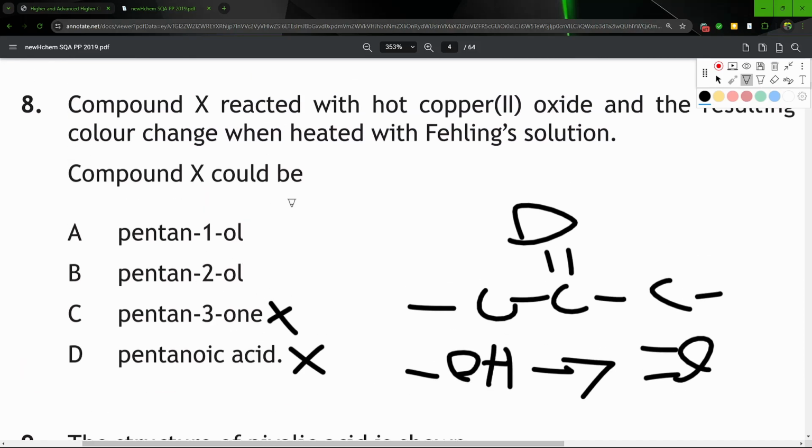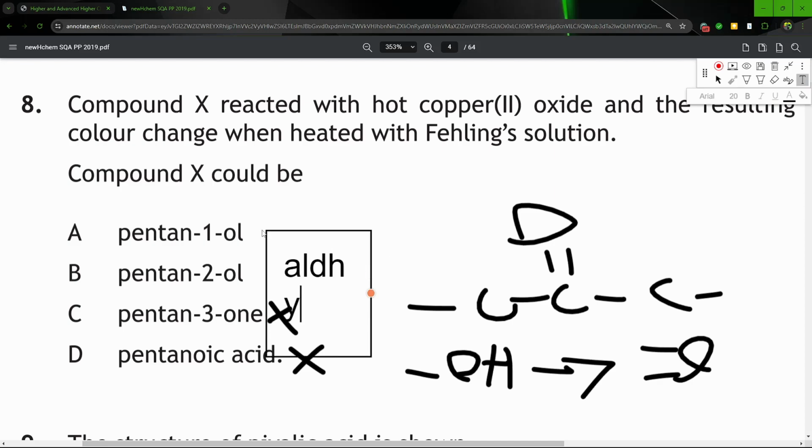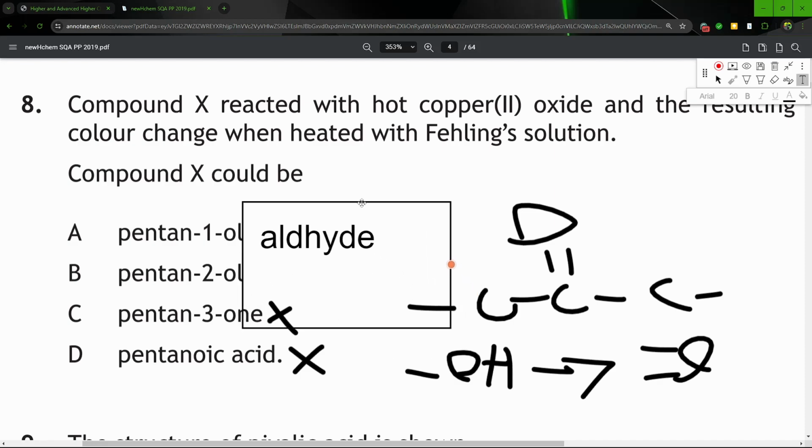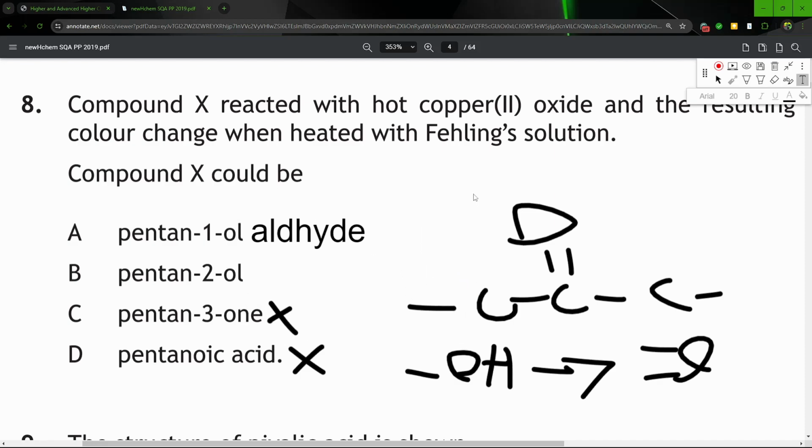But the thing is, with pentan-1-ol, you'd get an aldehyde, because you'd have the carbonyl group on one of the terminal carbons, on the ends. But if you did it with pentan-2-ol, what would you get? Well, you would get a ketone, as we've already established, where you have a double bonded oxygen in the middle of the hydrocarbon chain.